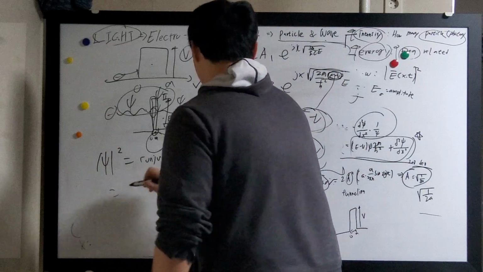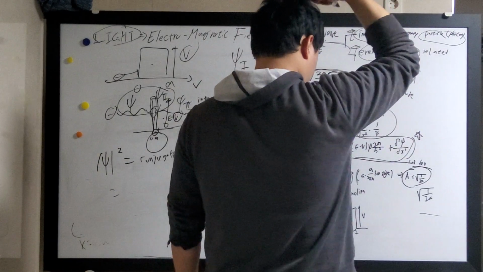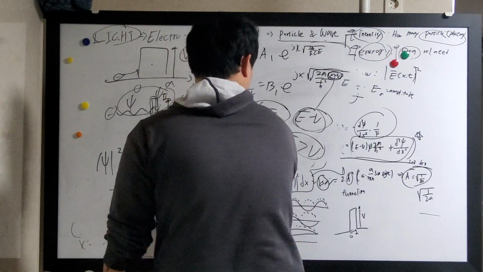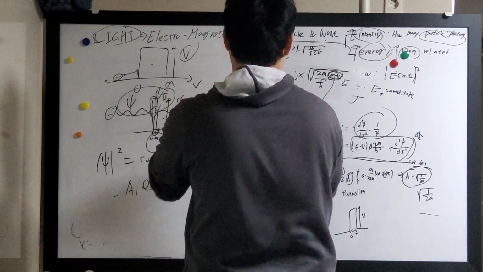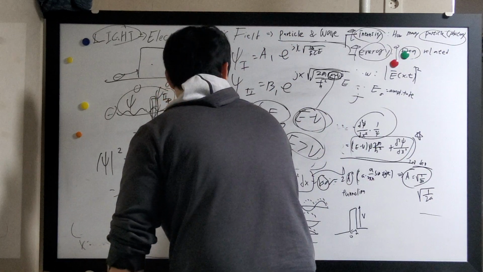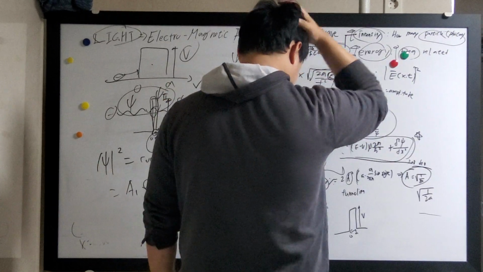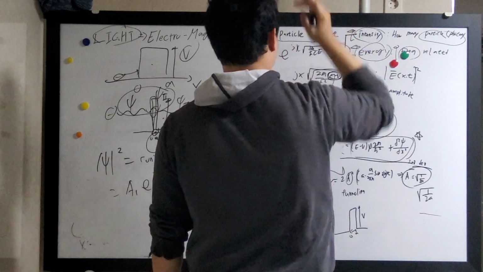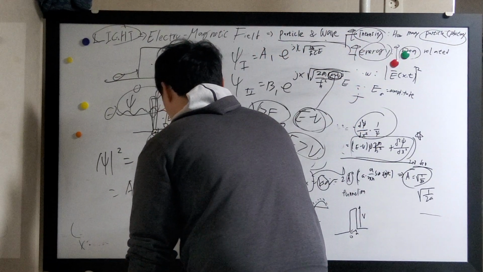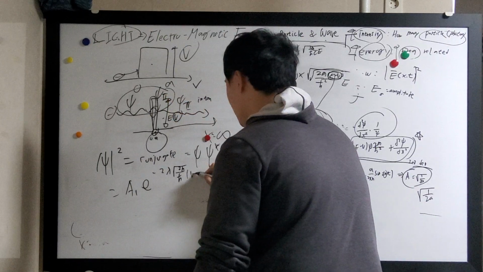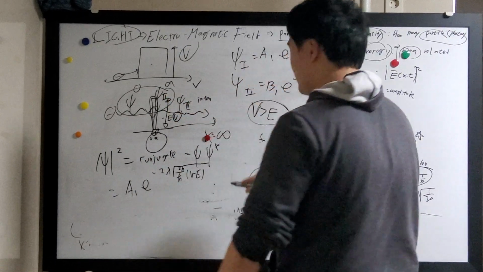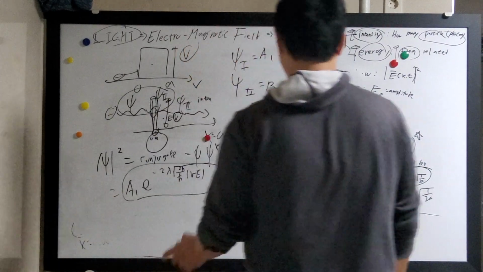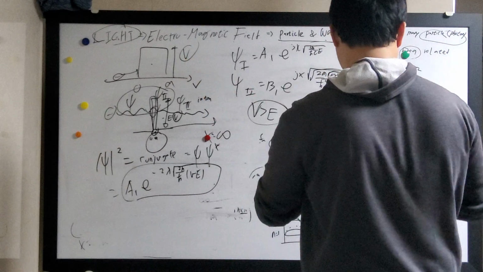So here, A1 squared exponential minus 2s, and h bar over 2m, and the polarity changes. This is the probability of the electron being here first.